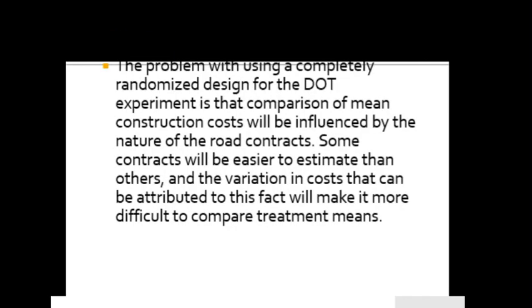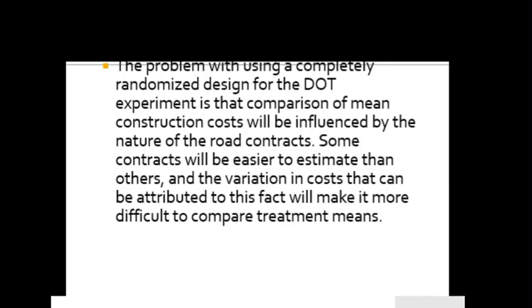Okay, so let's say we decide to use a completely randomized design for the DOT experiment, where we want to compare the mean construction cost, and it will be influenced by the nature of the road contract.